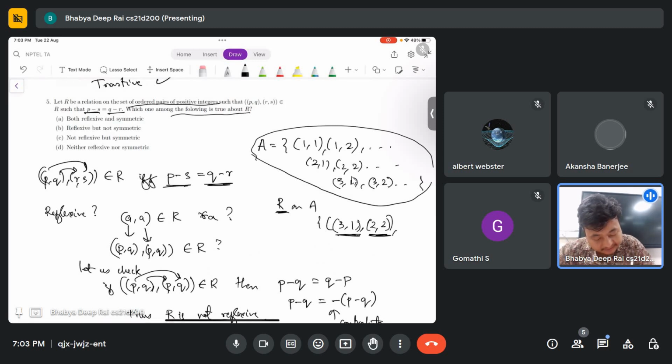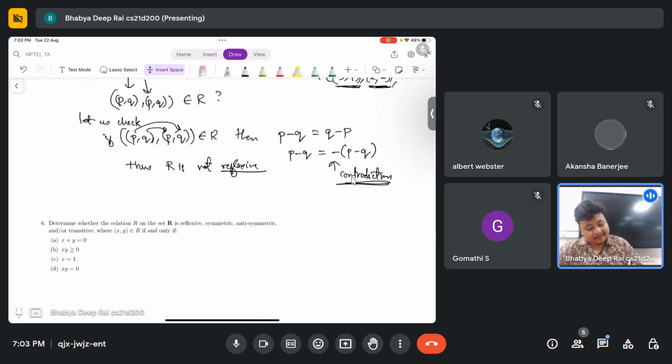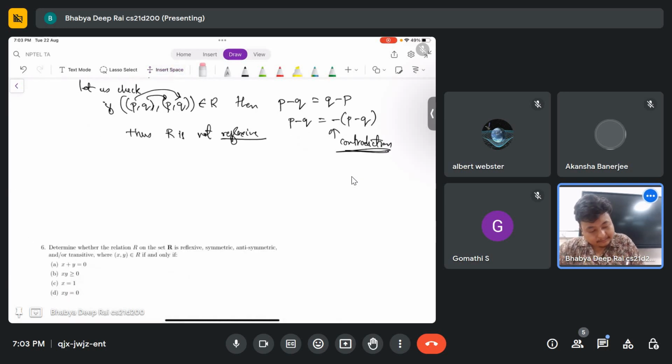Next, it is asking to check for symmetricity. Now let us check that. When is it symmetric?